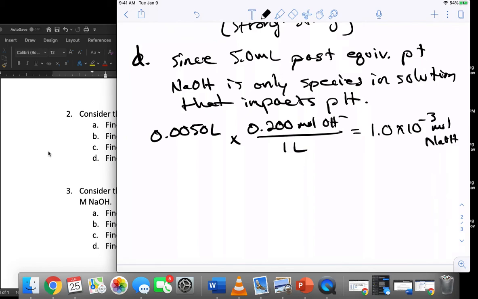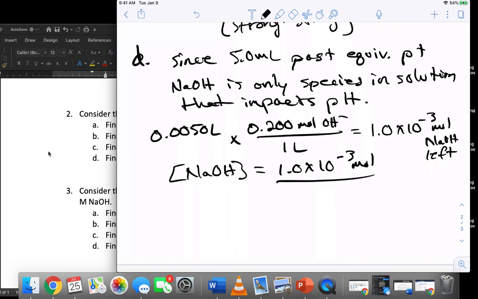This is what's left if I'm 5 milliliters past the equivalence point. Now what I want is my concentration of sodium hydroxide, which is going to be equal to 1.0 times 10 to the minus 3 moles divided by my total volume if I'm 5 milliliters past the equivalence point.